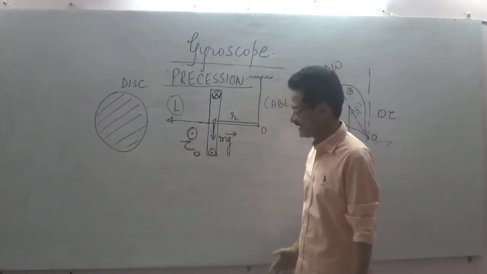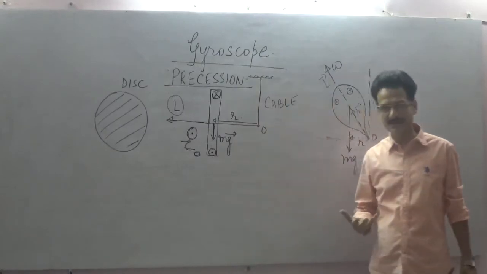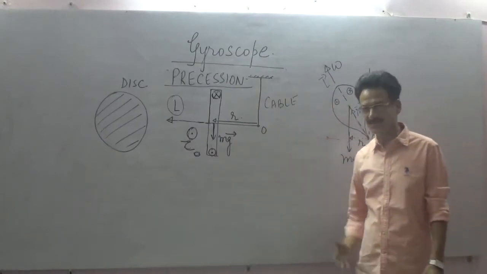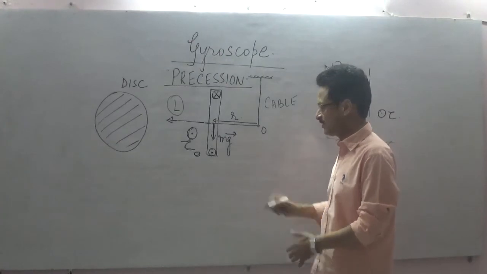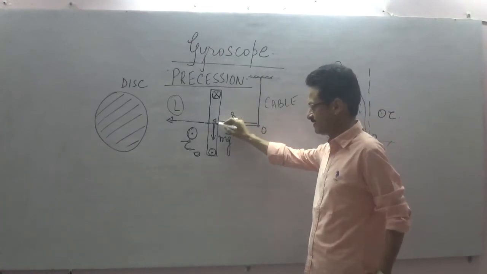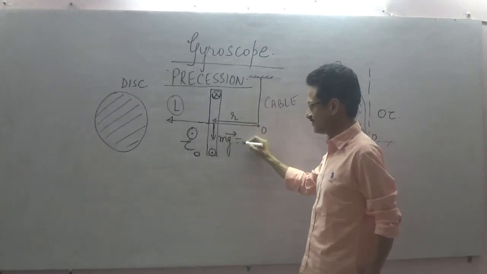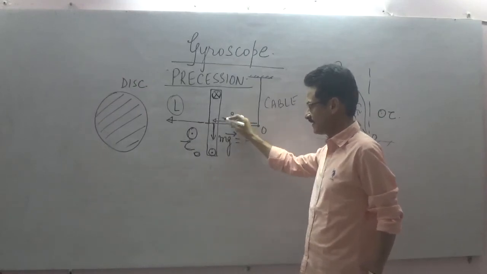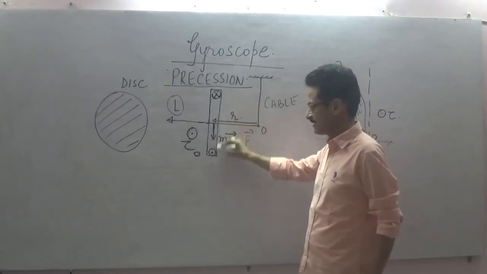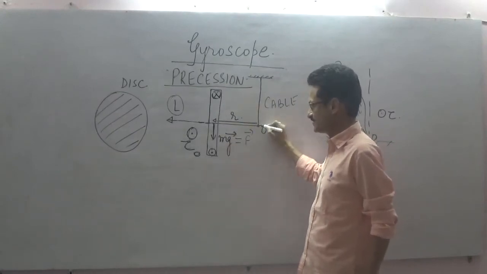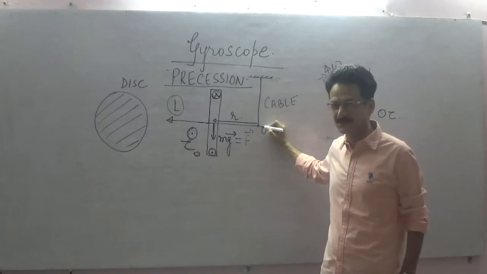Now I'll explain the physics behind this precessional motion. If you consider the weight, this is mg, suppose this is the force F vector. This mg, or the weight, applies some torque about this point, which is the point of suspension.